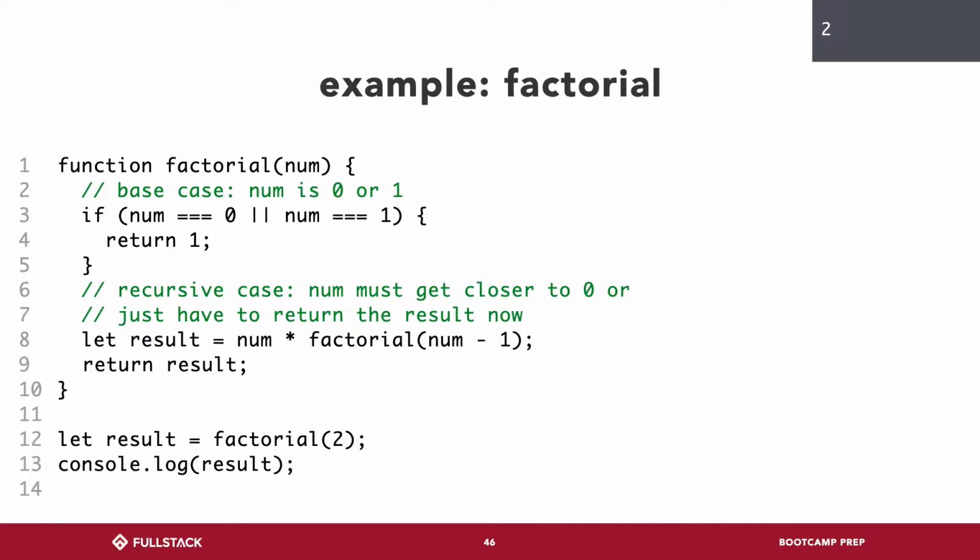So this doesn't run anymore because we have this return right here. So then this is now 1, and result is equal to 2 times 1. Then we return the result, we console log that, and we get 2. So now this seems like this will work if you pass in any number, right?